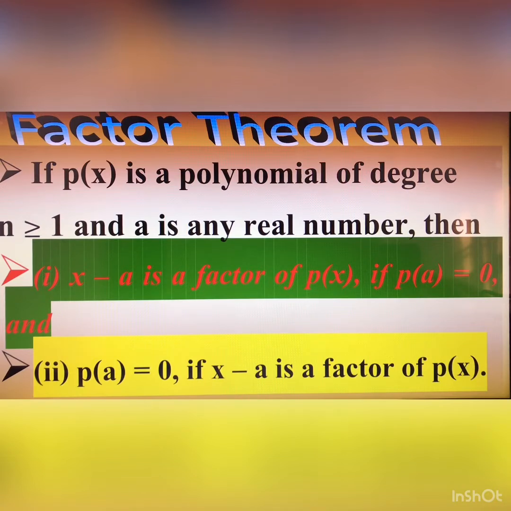And the second one, P(a) equals 0 if x minus a is a factor of P(x). So this is vice versa. It means in the first condition, if x minus a is a factor of P(x), then P(a) equals 0, and if P(a) equals 0, then 100% x minus a is a factor of P(x). So this is the factor theorem.